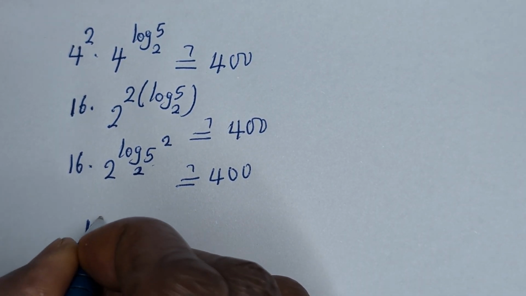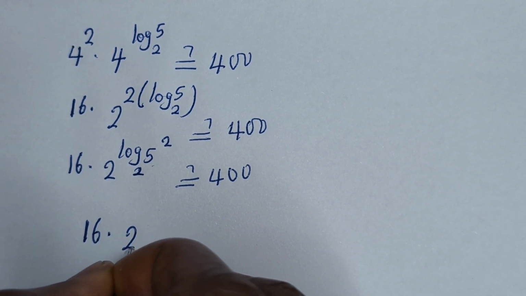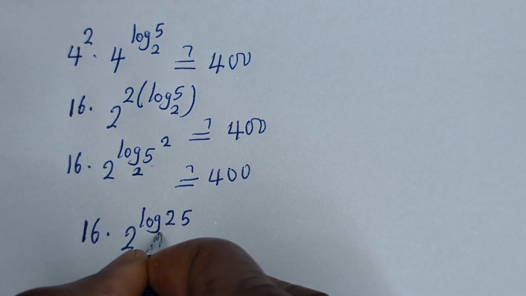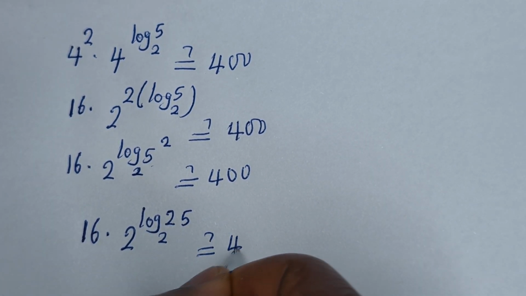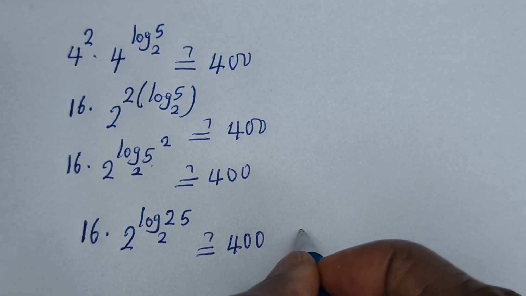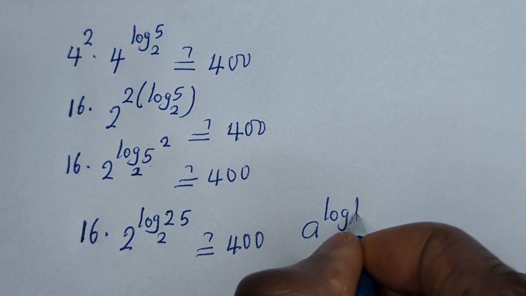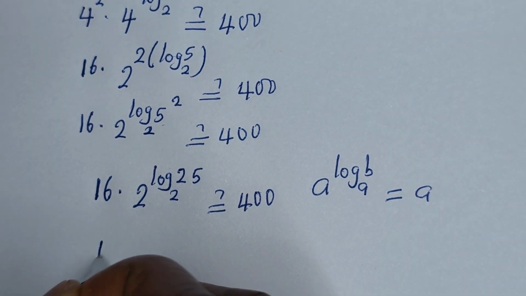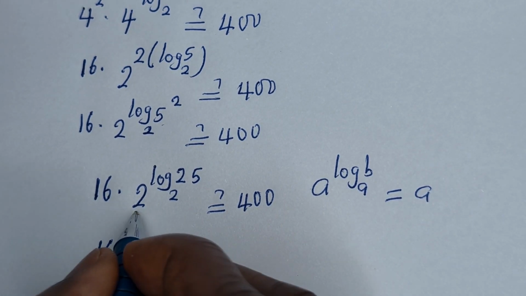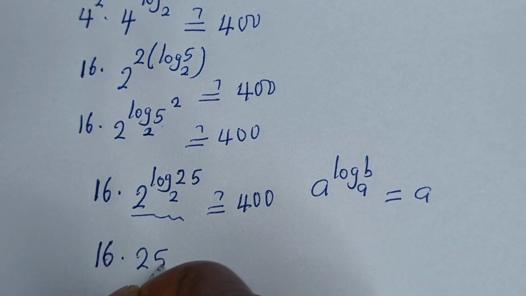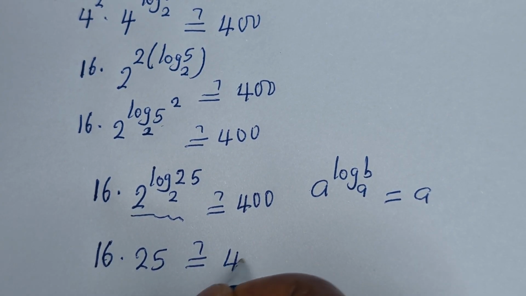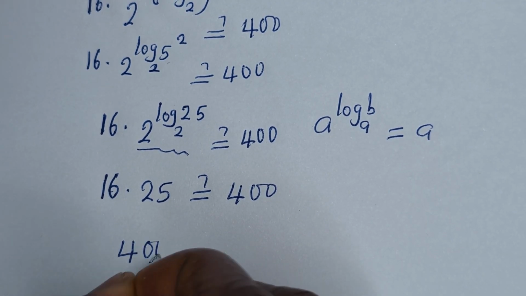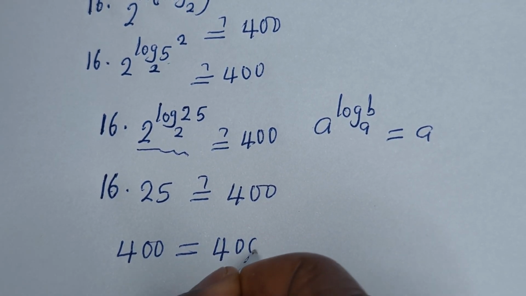Here we have 16 multiplied by 2 raised to power log 25 base 2 must be equal to 400. Note that if you have a raised to power log b base a, this is equal to b. Then we have 16 multiplied by the whole of this is 25 must be equal to 400. Then 25 multiplied by 16, this is 400, is equal to 400, which is true.